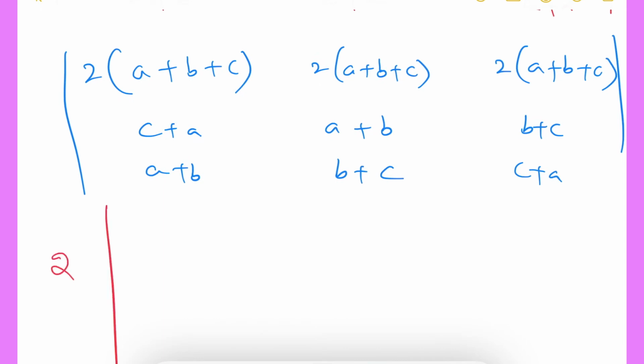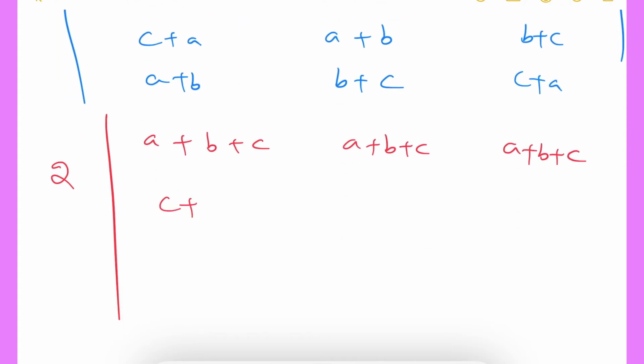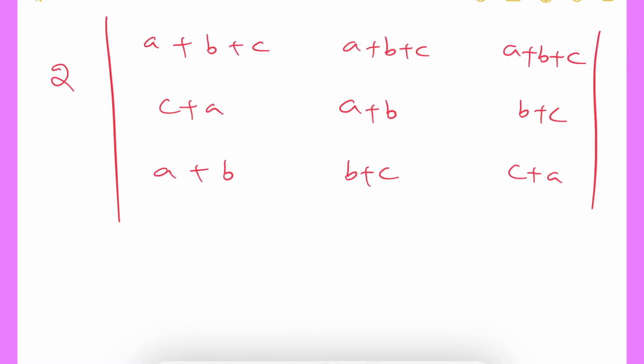If I bring that outside, then we remain with A plus B plus C, A plus B plus C, A plus B plus C. The remaining rows as they are, that is C plus A, B plus C, A plus B, B plus C, C plus A. Now what I will do: for row 2, that is R2, I will write it as R2 minus R1. At the same time, for R3, I will do R3 minus R1.